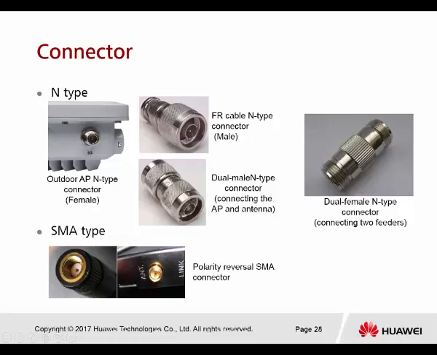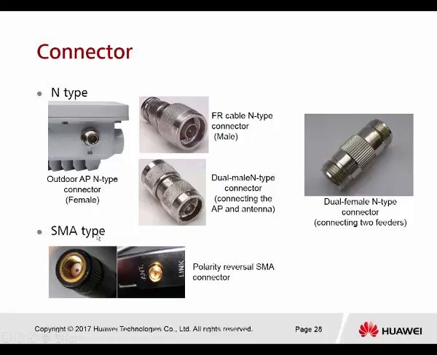So maybe I don't want to connect to the feeder line; I just want to connect the AP directly to my antenna. Then you can use this. The dual female N-type connector is used to extend the length of your RF cable. Maybe it's not long enough, so you can use this one to join two different RF cables.